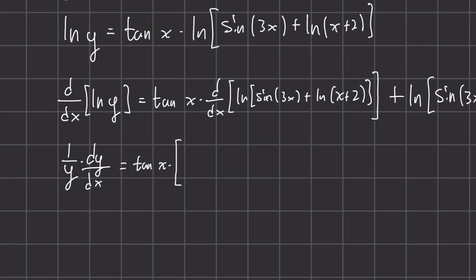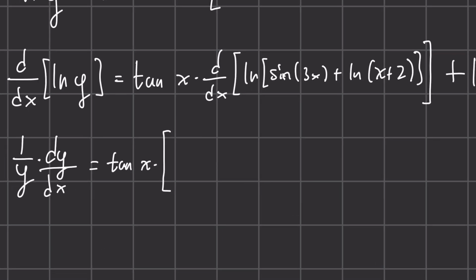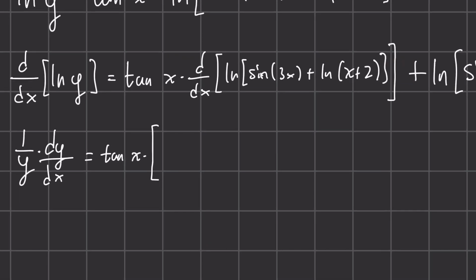What do we know? We can apply the derivative of ln of some function formula, which states that it is the reciprocal of the input of our ln. In this case, it's going to be 1 over sine 3x plus ln x plus 2.